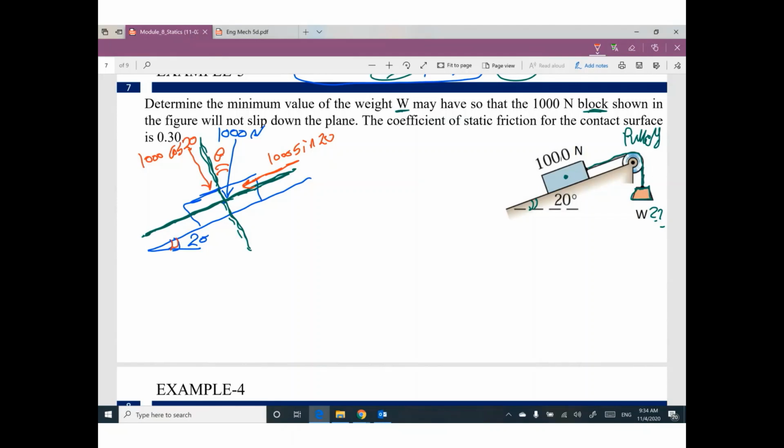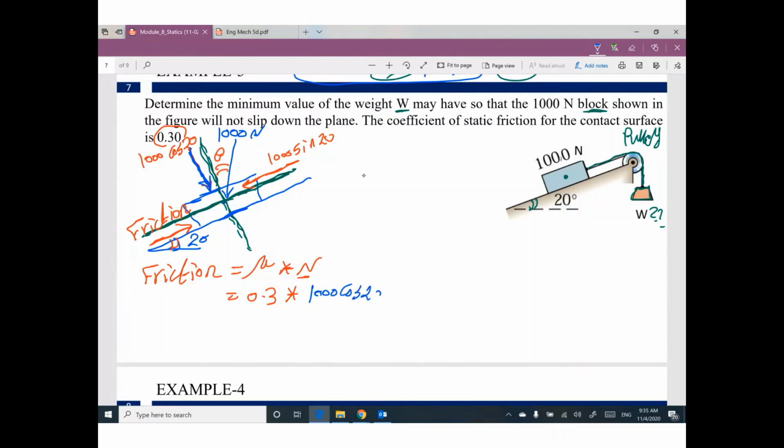And we have friction force here. What is the value of this friction force? Mu times N. Mu is given, 0.3. N is the normal force perpendicular to this surface, which is 1000 cosine 20.